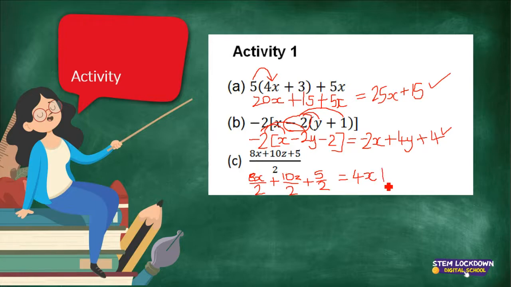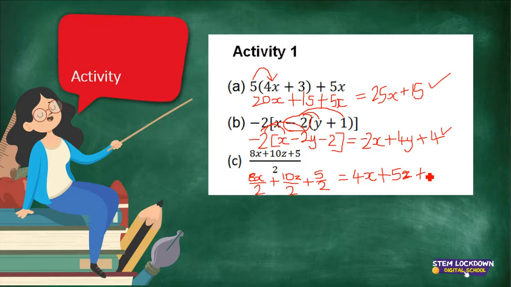Okay, plus, let's say you have 10 apples divided by 2, right? So you'll have 5 apples. So this is 5z. This is a z.